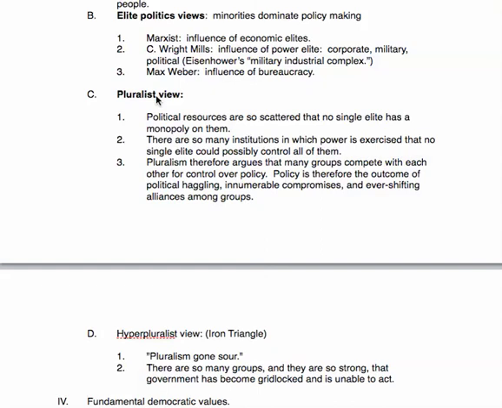That's the pluralist view, because with all these different interests, essentially the needs of the people are going to be met, because no single group is going to dominate politics this way.